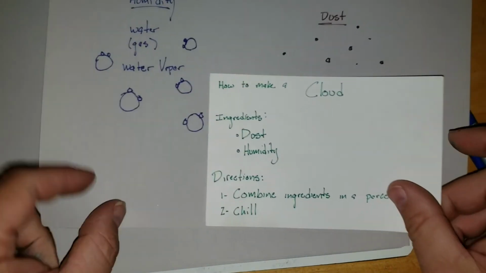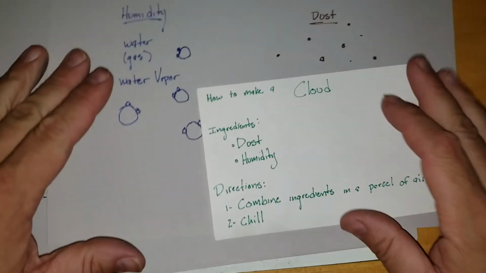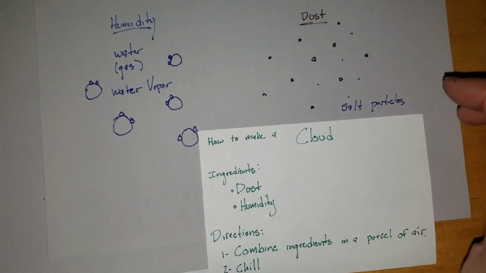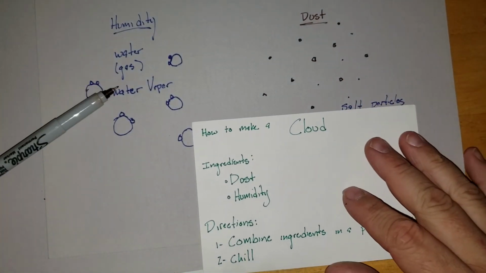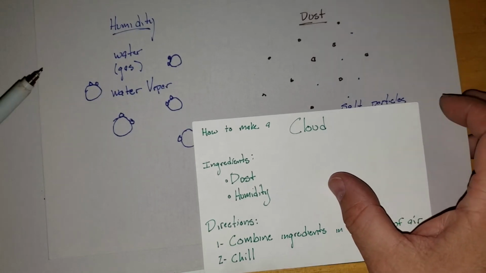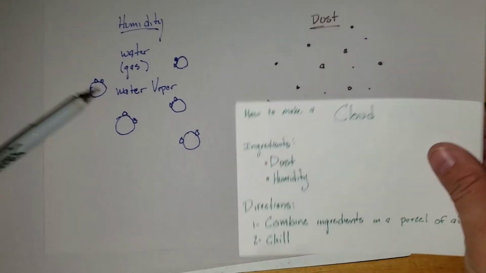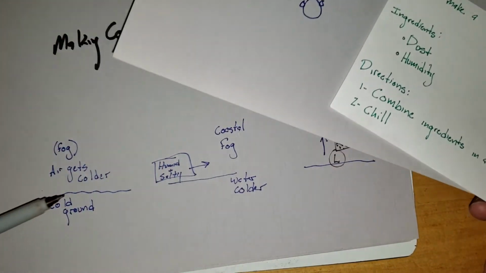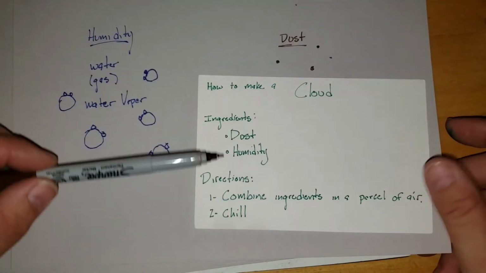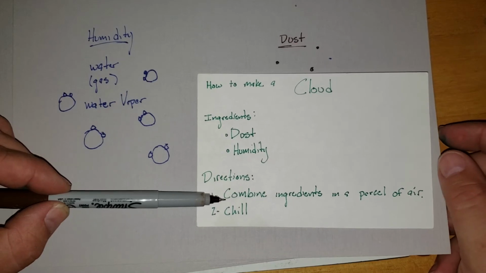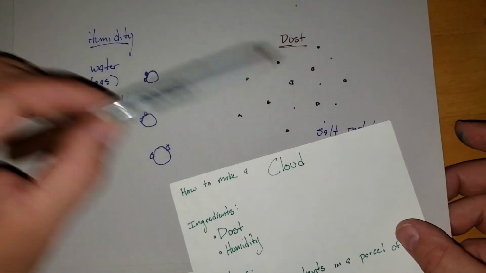All right, where's that recipe card? So we have our dust, or maybe salt particles or other things like that. We're going to have our humidity, some places maybe a little bit more than others. The desert is not going to have a lot of water vapor, so even if we send the air up or the ground gets cold, it's not going to happen. Cool. Combining ingredients in a parcel of air happens on its own.